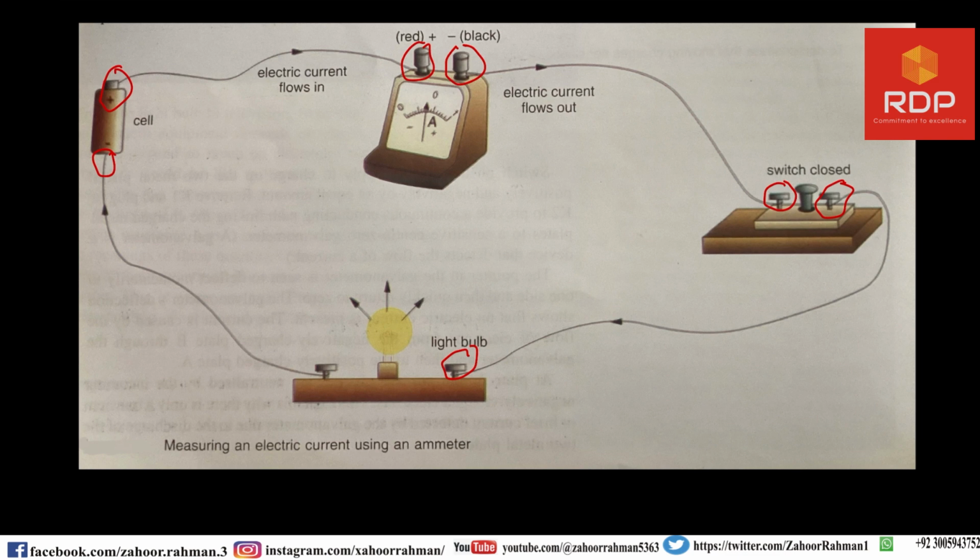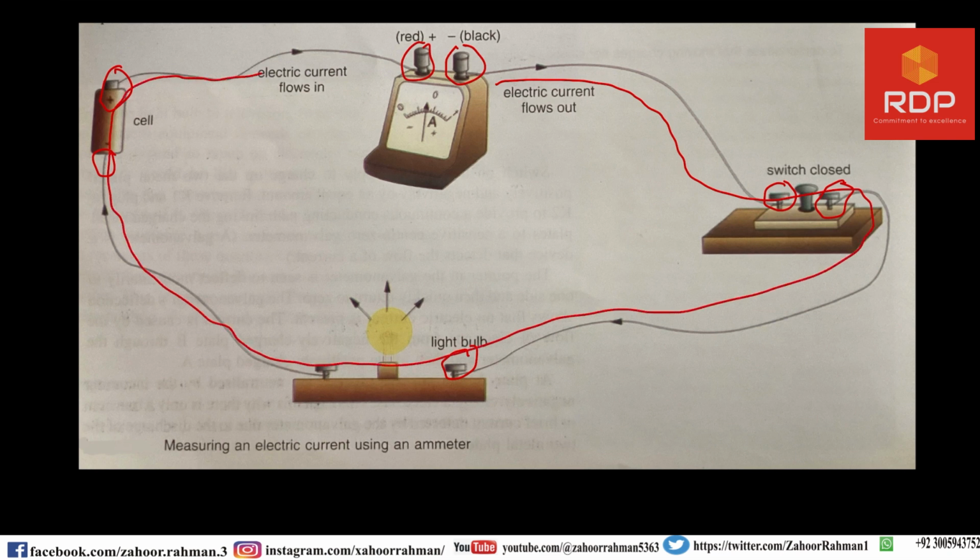Note that in a series circuit there is only one single conducting path or loop. This is very important because if you are starting from here, there is only one conducting path or loop. So this is called a series circuit.